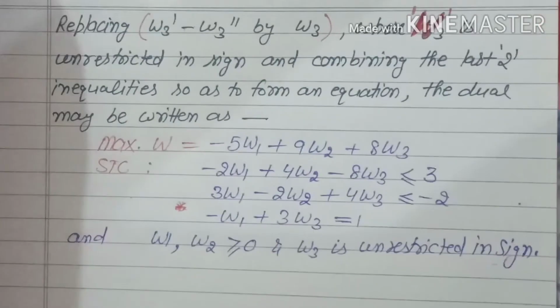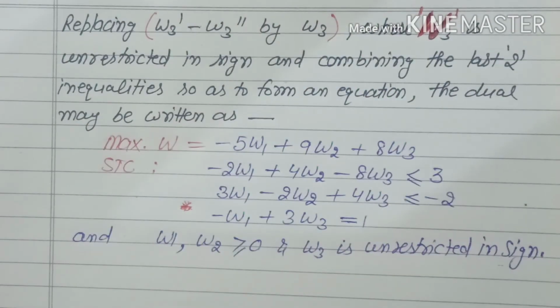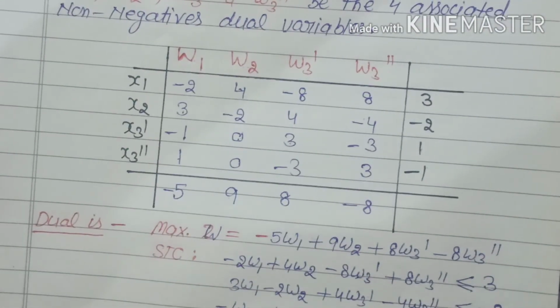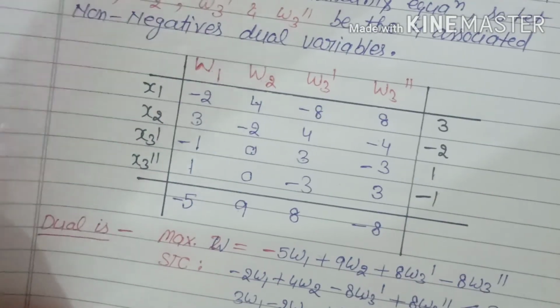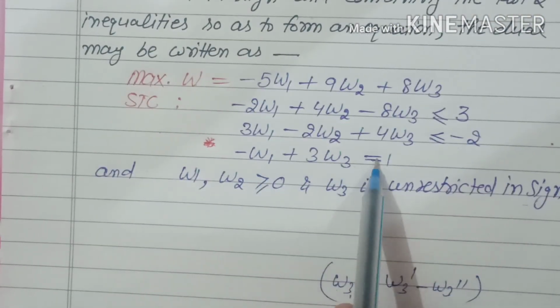So we have replaced all these values here for w3 dash and w3 double dash with w3. So this is the new dual equation. Also these last two inequalities have been converted into an equality, so from these two we have generated a new single equation, and this is minus w1 plus 3 w3 equals 1.